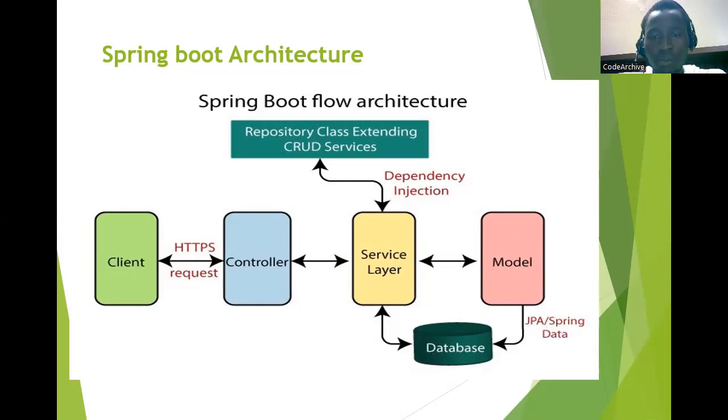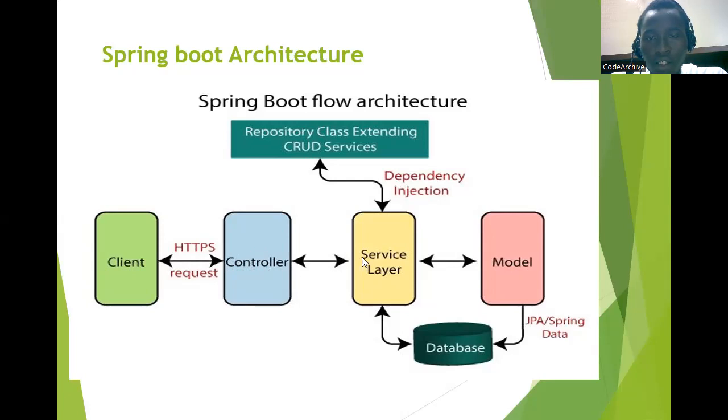All right. So let us say that we are building an application which is going to save users into a database. Maybe we want to save a user, for example. So here we will have a controller which will expose an endpoint like, for example, get all users or save a user.